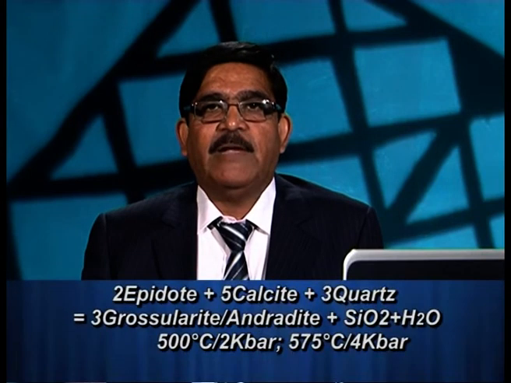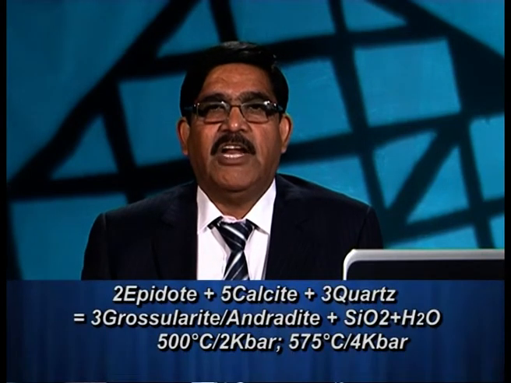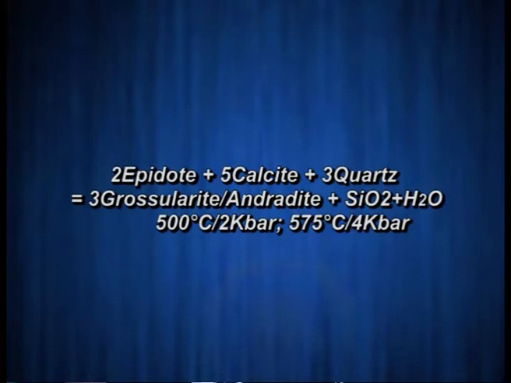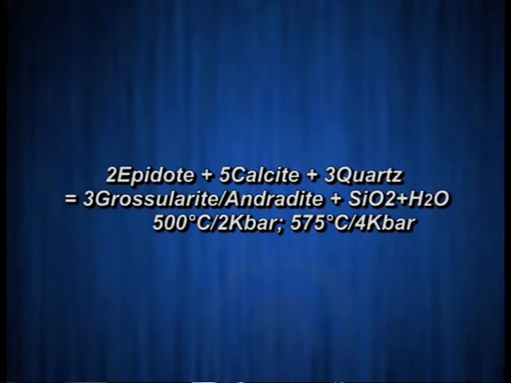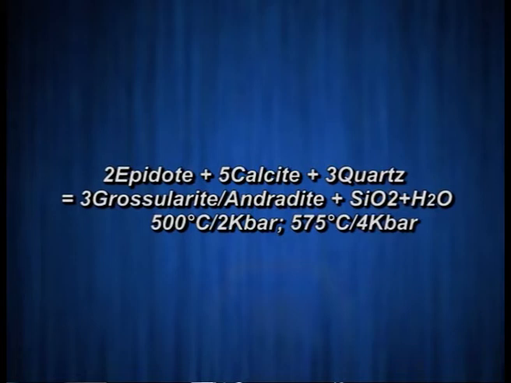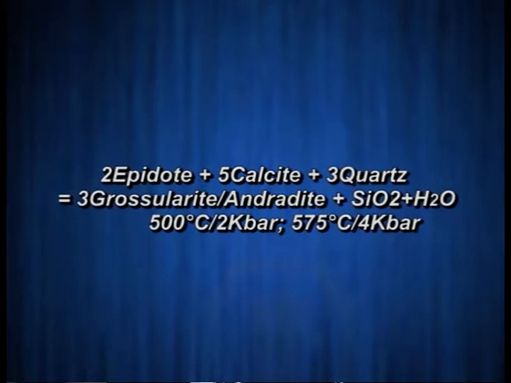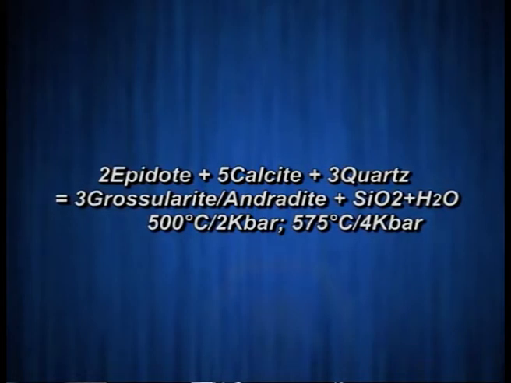And reaction number 6: 2 epidote plus 5 calcite plus 3 quartz give rise to 3 grossularite or andradite plus SiO2 plus water, which occurs at 500 degree centigrade, 2 kilobar, and 575 degree centigrade, 4 kilobar, by Gordon 1973.